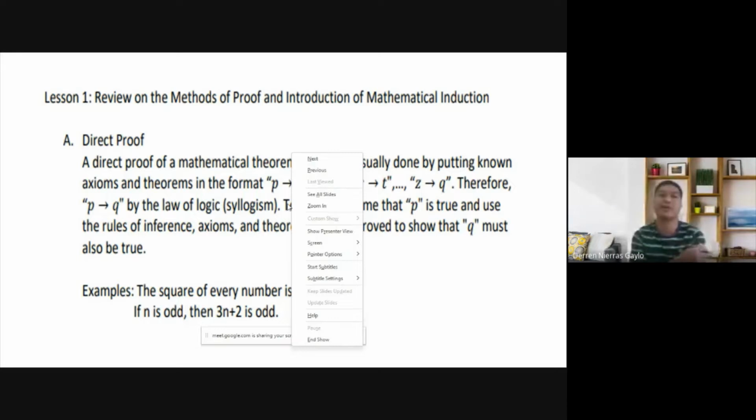So if you have a theorem, you can prove it, no? And these are the ways on how to prove some theorems: direct, indirect, and also the one that we will be having now, the mathematical induction.